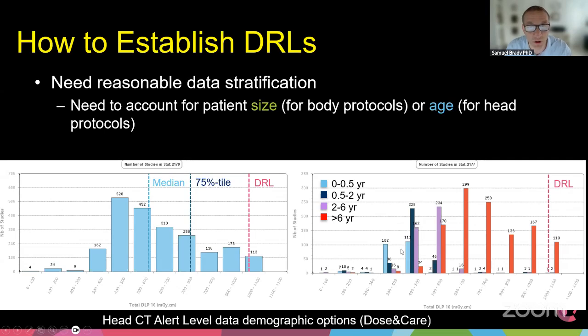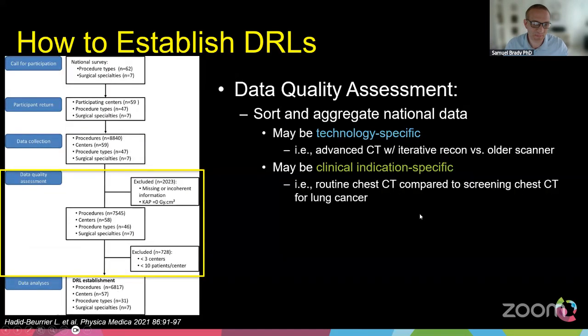They're all much lower. So at the national level, this is my plea as a pediatric imaging physicist. Make sure you set up DRLs for both adults and pediatrics. If you only set it up for adults, you will not be able to optimize the dose levels for kids. So please make sure you consider the fact that there are going to be lower doses in head CTs, but some of those actually may be too high.